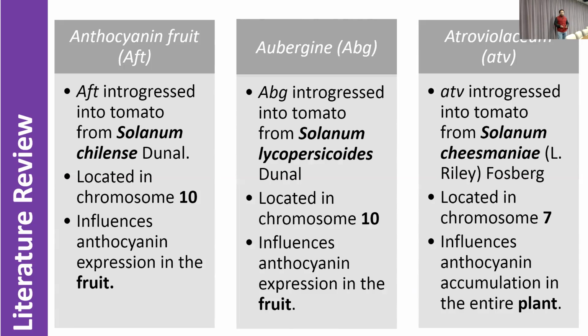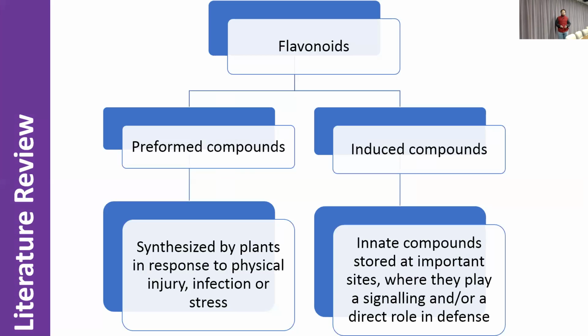The thing to be noticed here is that the anthocyanin fruit gene has been introgressed from Solanum chilense, whereas the aubergine gene has been introgressed from Solanum lycopersicoides and the atroviolaceum from Solanum cheesmaniae. Furthermore, the flavonoids in plants are present in terms of 2 compounds: preformed compounds and induced compounds.